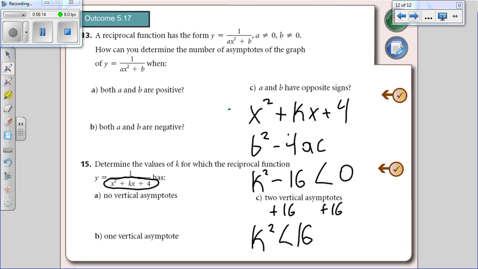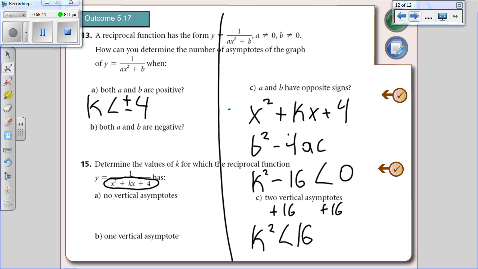Here's the tricky part. If you chose a number of k less than negative 4, it doesn't work. Negative 10 is less than negative 4, but negative 10 squared is 100, and 100 is not less than 16. So there's a trick: because of the plus or negative, you have to flip the sign.